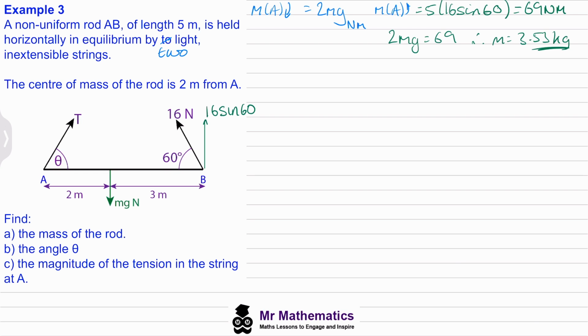Okay. Now we need to find the angle theta. To do this, we can resolve the vertical forces and the horizontal forces. If we begin by resolving the vertical forces, we need to find the vertical force applied at A. And again, because this is not contained within the angle theta, this will be T sine theta. So we know that the upward forces, T sine theta and 16 sine 60, must be equal to the applied downward force, mg.